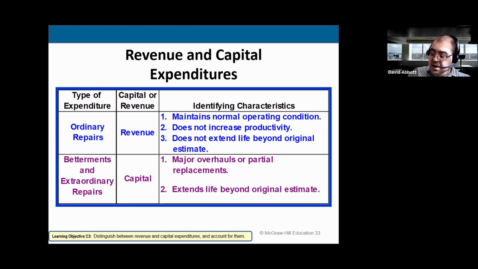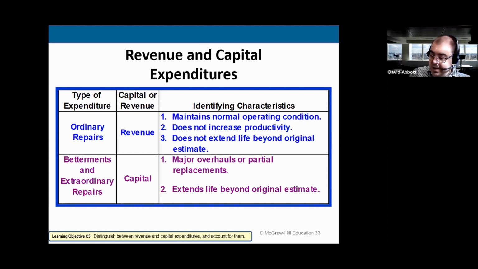Betterments or extraordinary repairs are capital expenditures. Betterments, also called improvements, are expenditures that make a plant asset more effective, more efficient, or productive. A betterment often involves adding a component to an asset or replacing one of its old components with a better one, and does not always increase the asset's useful life. An example is replacing manual controls on a machine with automatic controls.